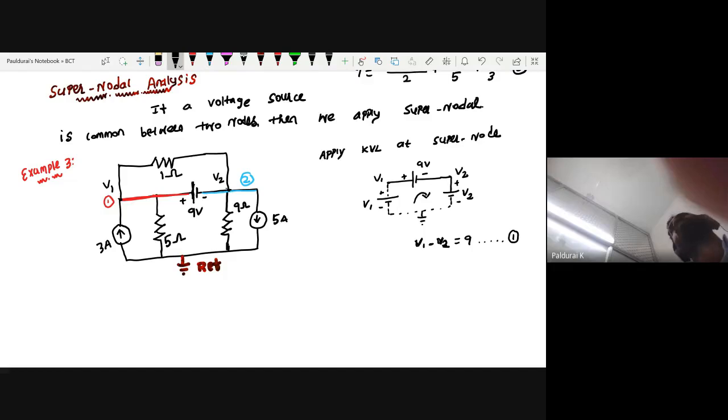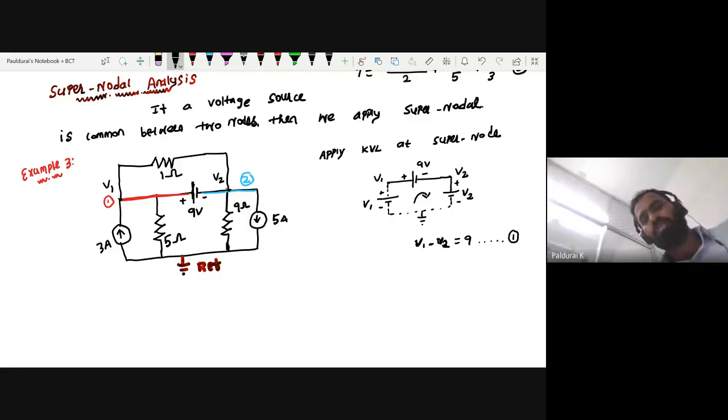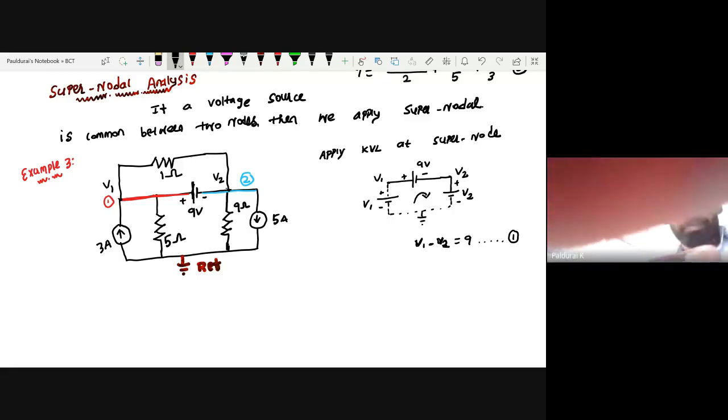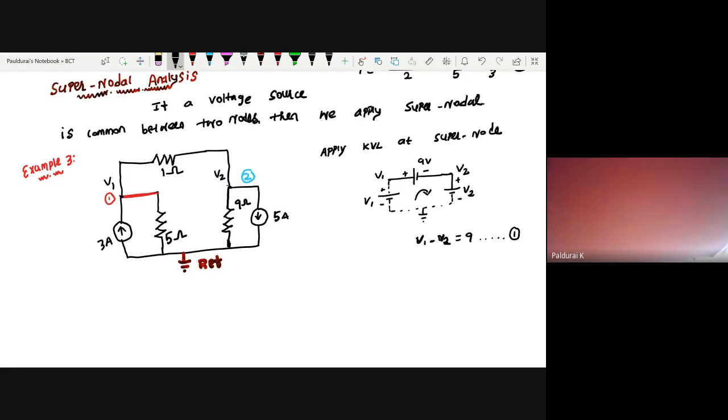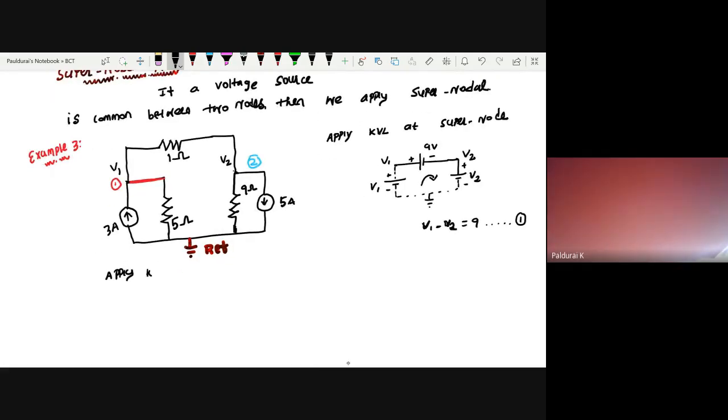How will you develop equation number 2? Any idea? Any guess? What will you do to develop equation number 2? You want to remove the branch, sir. So you want to remove this branch. Now you want to apply KCL at node 1 and 2.